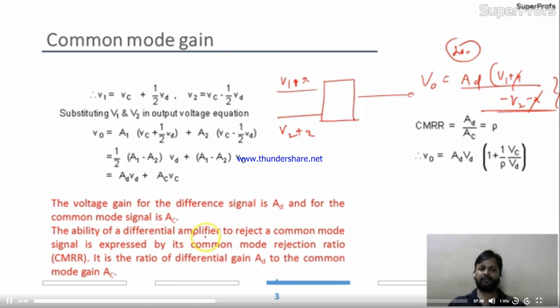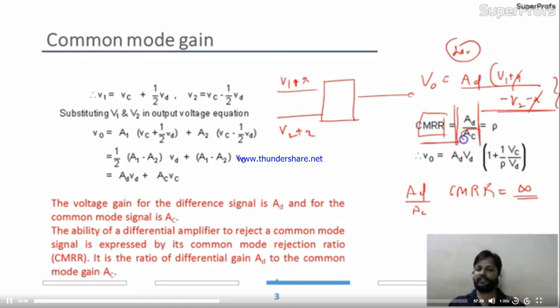The ability of a differential amplifier to reject a common mode signal is expressed by its common mode rejection ratio, CMRR, given by the ratio of AD and AC. AD divided by AC is nothing but the CMRR. Ideally the CMRR for any op-amp should be infinity.